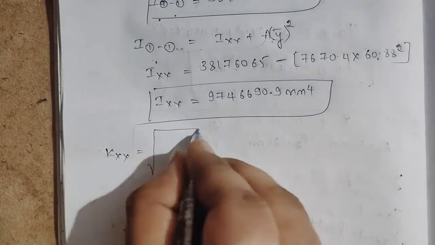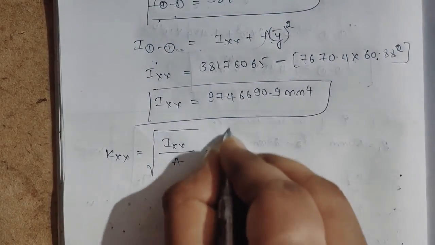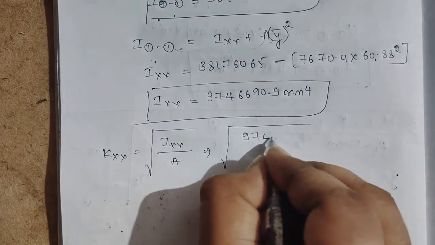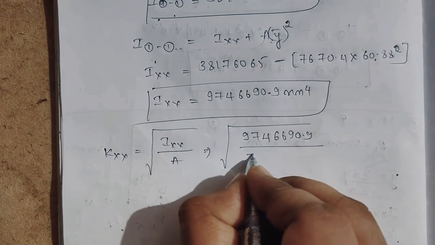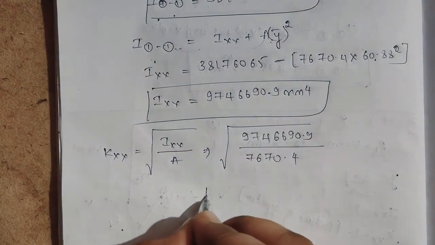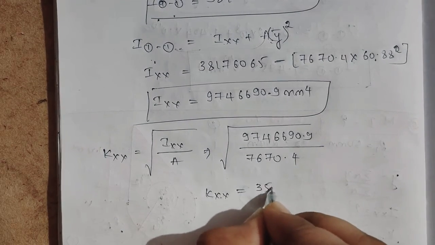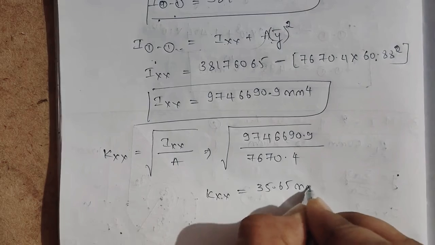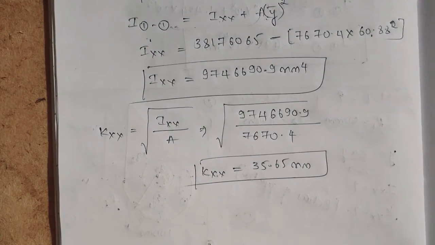It is nothing but square root of Ixx by area. Just substitute the values, and we have to enter the total area. That is 35.65 mm, the radius of gyration of that figure.